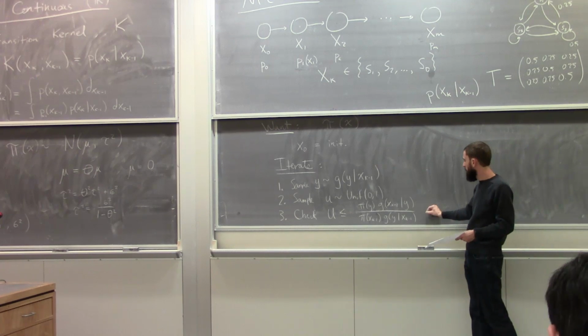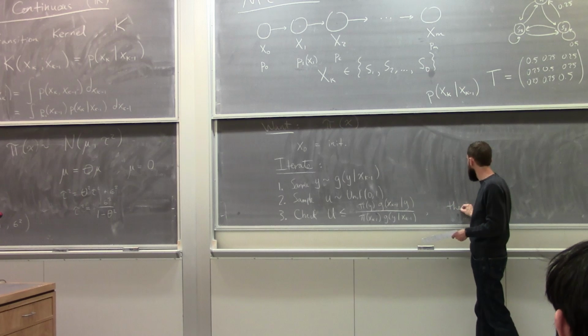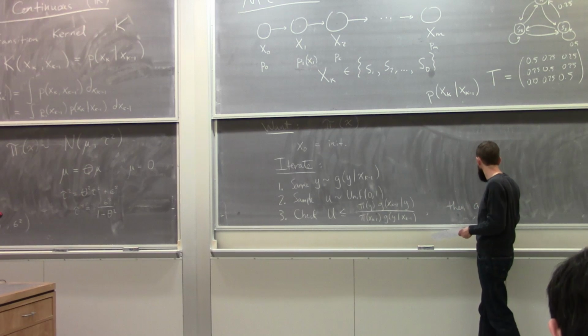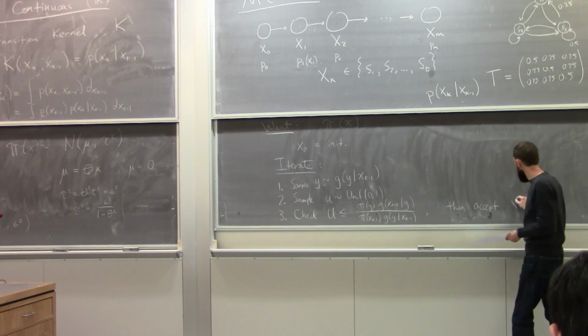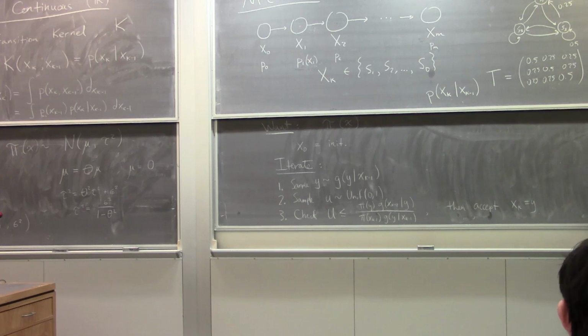And if this checks, then accept: set x_k equal to y if that condition holds.